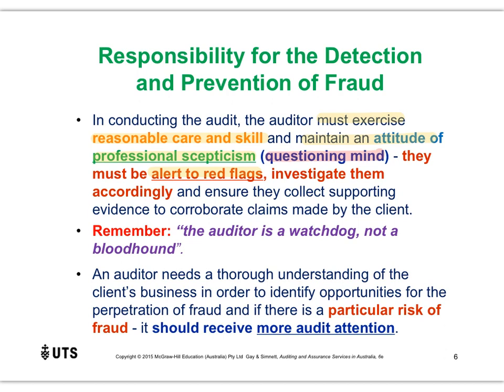Again, this is such an important quote. I keep repeating it. The auditor is a watchdog, not a bloodhound. It's not our job to go looking for fraud, but we must be alert to red flags. So it's really important that you understand what fraud is. It's very important to understand the different types of fraud and what our responsibility is when it comes to fraud.